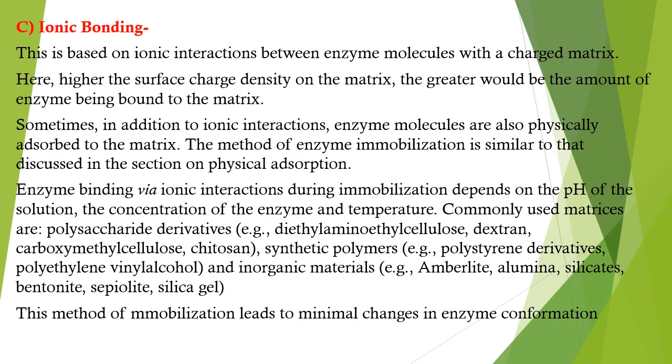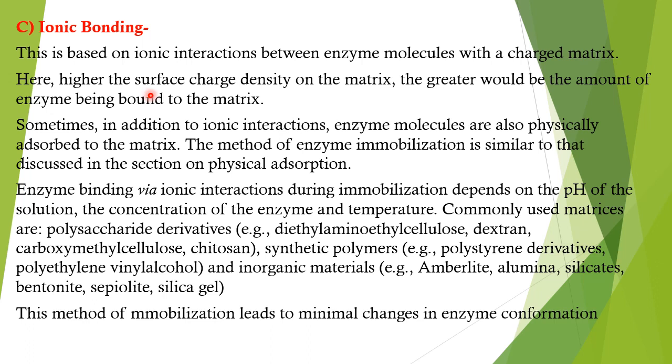Another method is ionic bonding. This is based on the ionic interaction between the enzyme and a charged matrix. Other matrices we were using had some valencies or could be induced to give charge, but here we are using an already charged matrix.